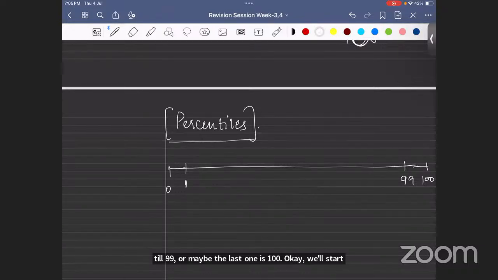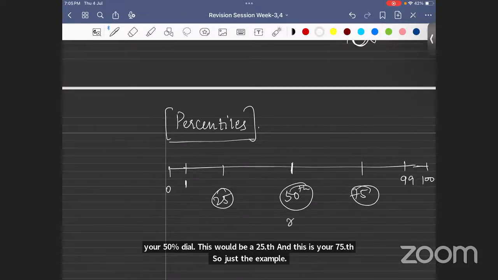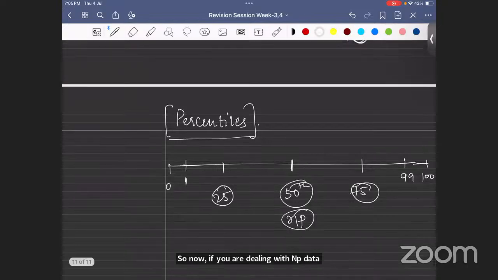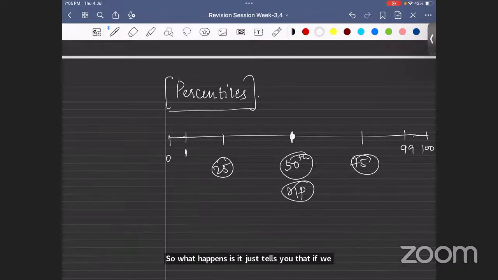Now in between, for example, this would be your 50th percentile, this will be your 25th, and this is your 75th percentile. So it's just an example. Now if you are dealing with nth percentiles, it tells you that if you are dealing with the 50th percentile, it just means that 50% of your data points are lying on the left side and 50% of your data set is lying on the right side.